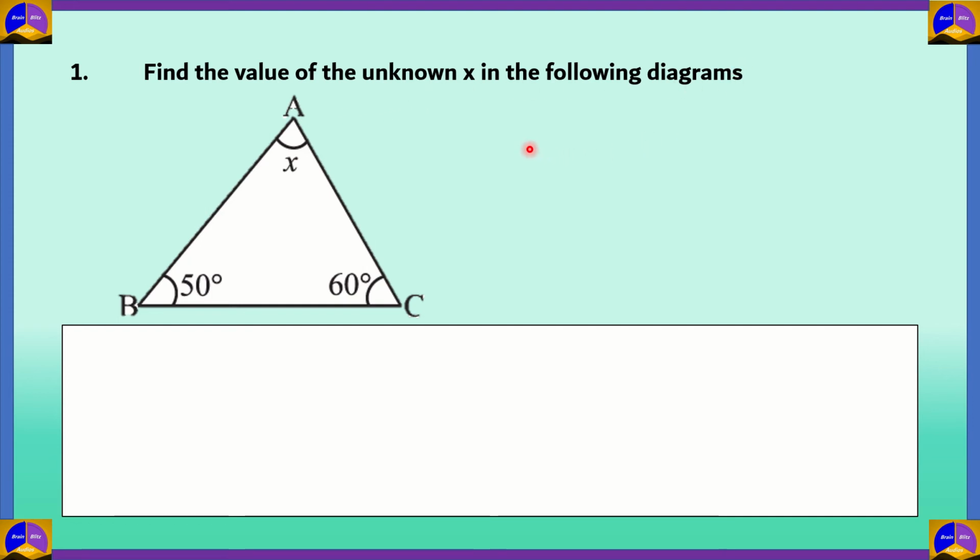So, we have a triangle given, and the angles would also be given, and we have to find one unknown x. To answer these types of questions, we have to look at a property.